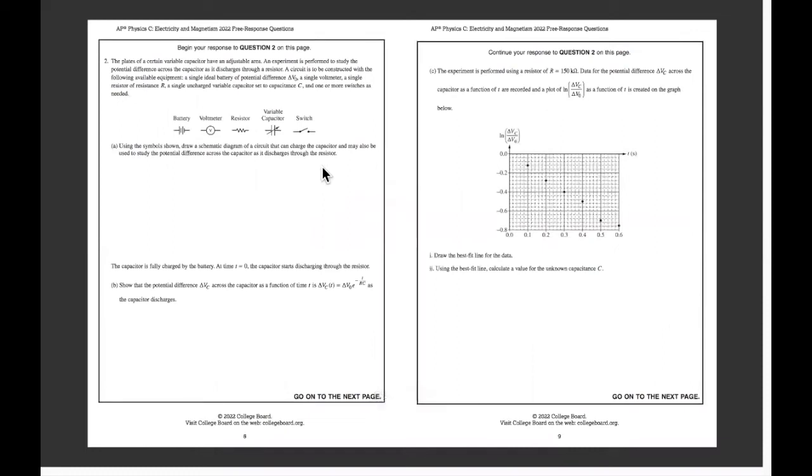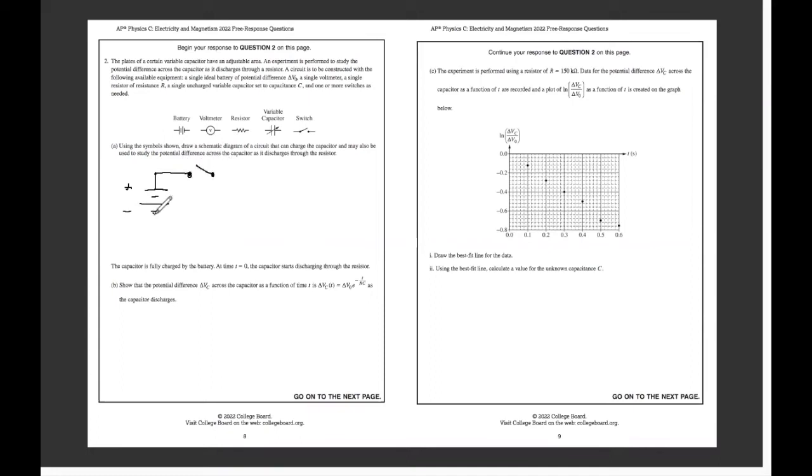We now want to study the potential difference across a capacitor as it discharges across a resistor. We have to go ahead and draw a circuit for it. Essentially, what I need to do is create that circuit. Now I can use multiple switches, but I can only use one of everything else. So here's how I am going to design my circuit.